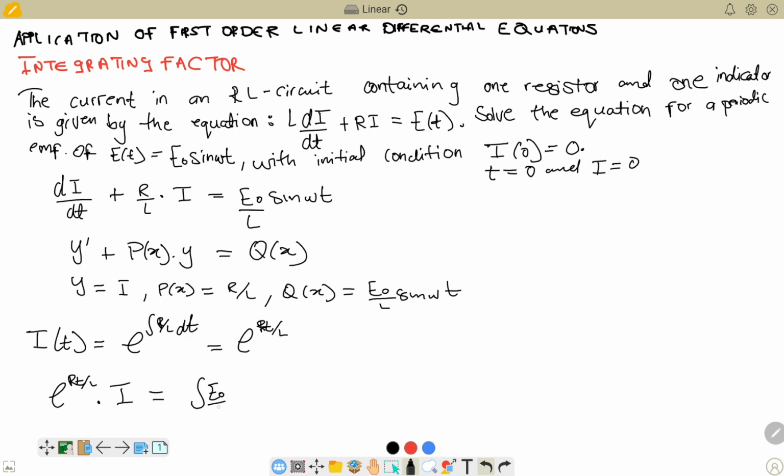It's E naught over L sine Wt times the integrating factor, which is e to the power Rt over L, then dt. We have actually here now an integration by parts integral. So we need to know how to use integration by parts.